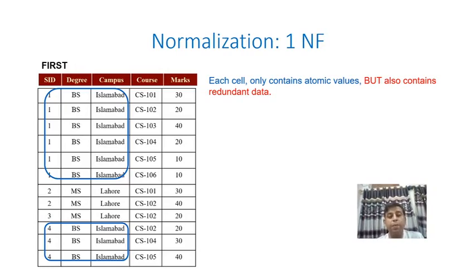Why? Because the redundancy creates some problems or difficulties, and these problems or difficulties are known as anomalies. So we will try to eliminate this redundancy in order to avoid the anomalies. First we'll see what these anomalies are, then we'll try to remove this kind of redundancy.